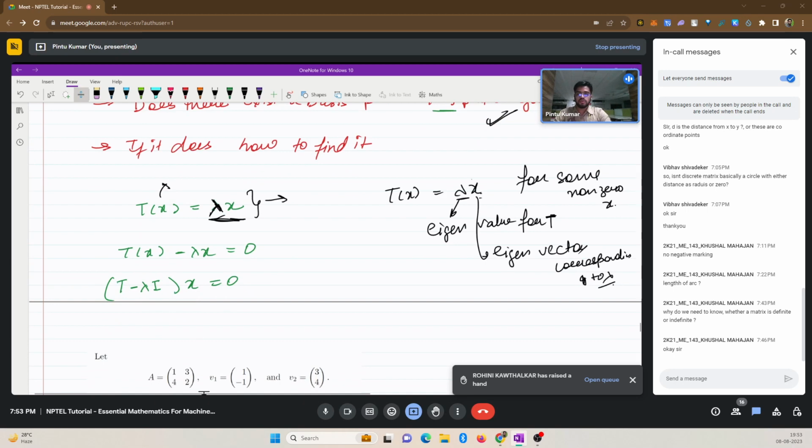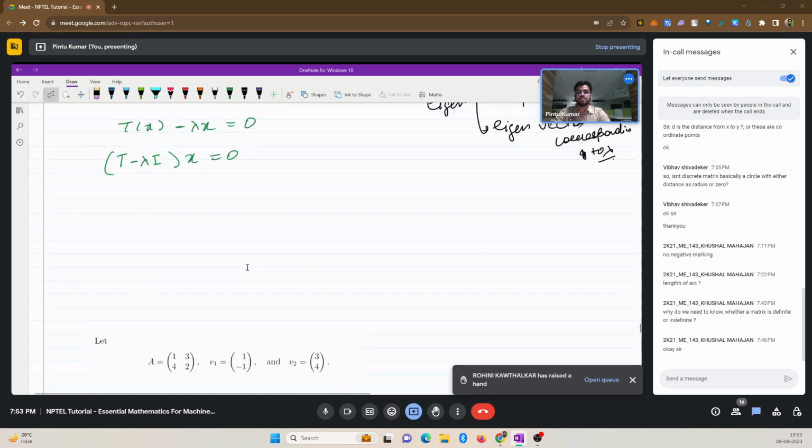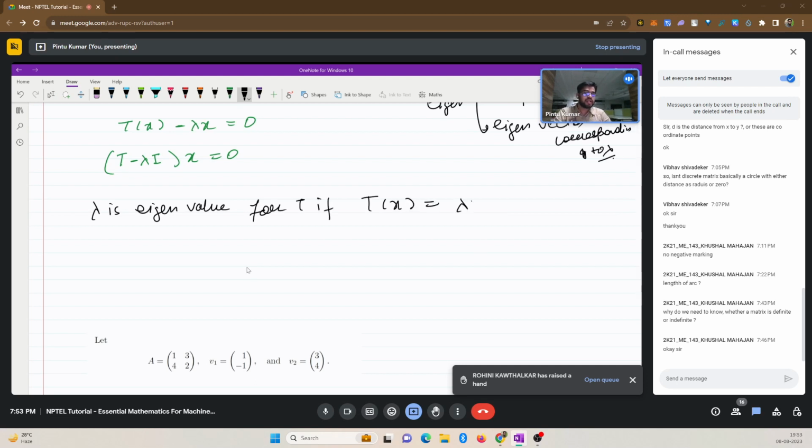So I sort of complicated things for you. For those who want an easier definition, it's a very easy definition. Lambda is an eigenvalue for T if T of x is equal to lambda times x for some non-zero x, and x is called an eigenvector.